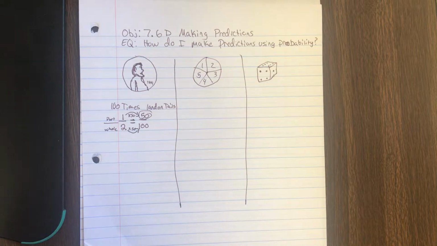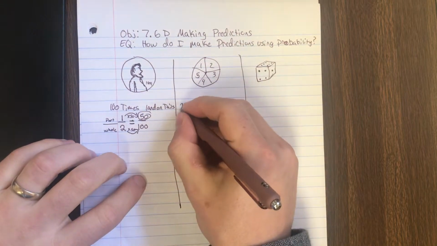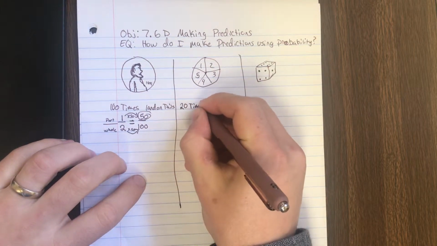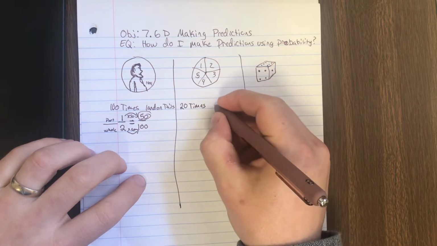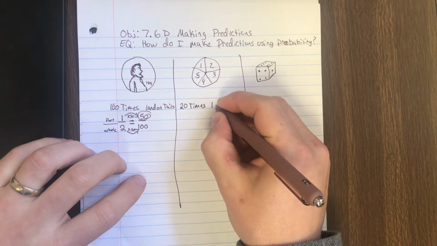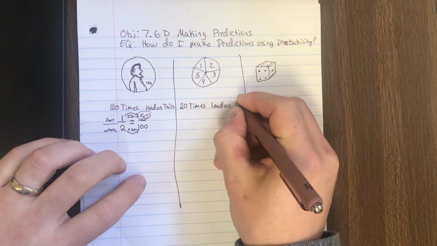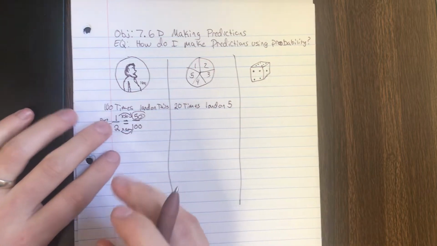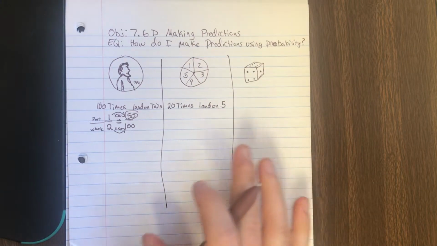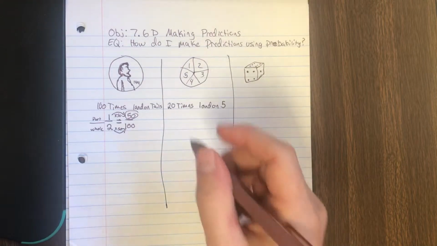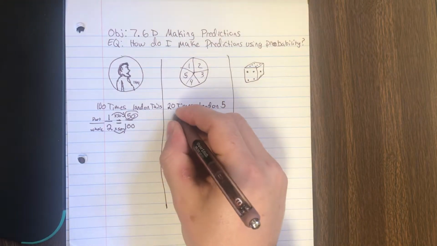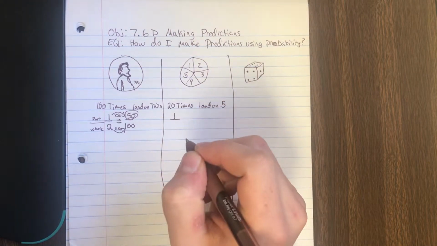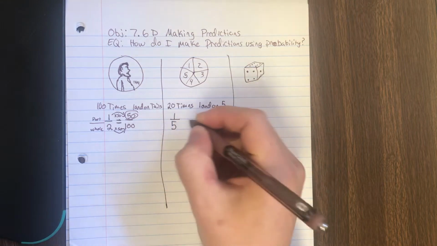So what if I spun the spinner 20 times? How many times would I land on 5? These are all equal parts of a spinner, and there's 5 parts, so the probability of getting 5 would be 1/5 for one spin.